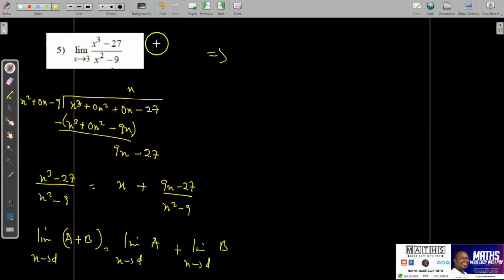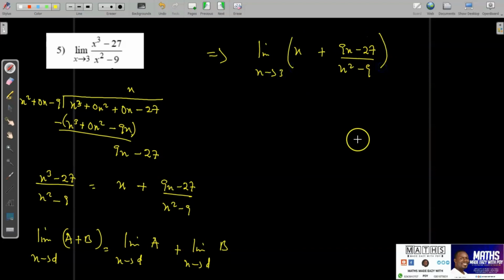So our question now can be written as the limit of x plus 9x minus 27 all over x squared minus 9 as x approaches 3. So this bracket is affecting everything there.